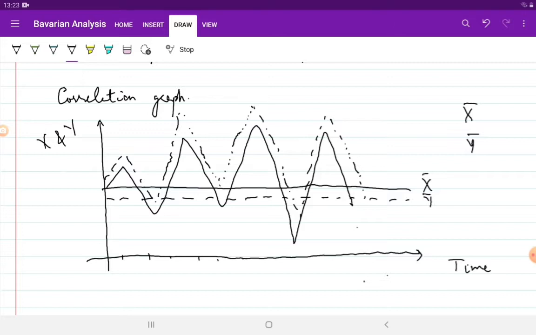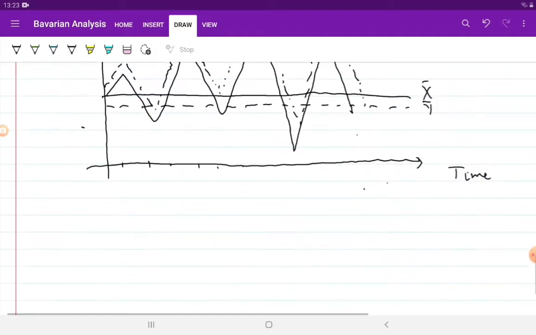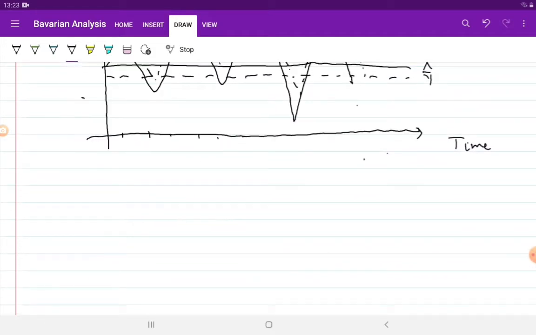You might even have a case of negative correlation, where when your x series is increasing, you observe that the y series is decreasing, and so on. In that case you are looking at a correlation graph that exhibits negative correlation. I can just show you roughly. Again, a correlation graph depicting negative correlation.